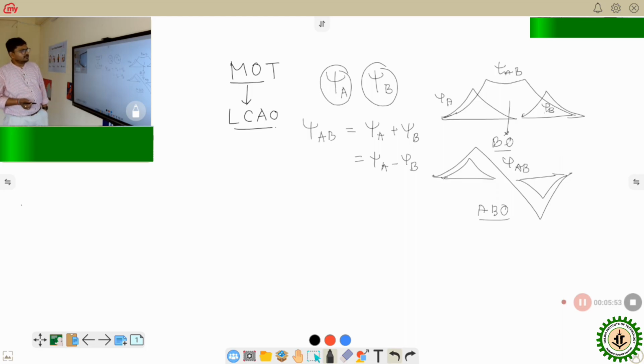So once we have this idea about bonding and antibonding orbitals, we can predict the different types of molecular orbitals for complex molecules, and we can understand the bonding behavior inside the molecules, and the magnetic behavior, like the bond order and also the magnetism. One by one we will see how molecular orbital theory can help us predict those properties.